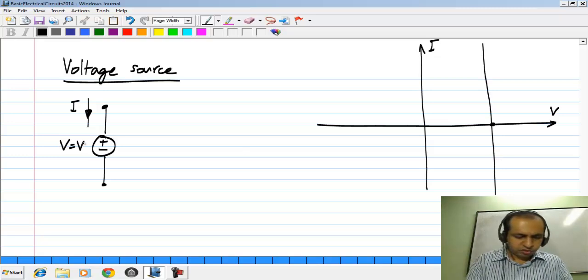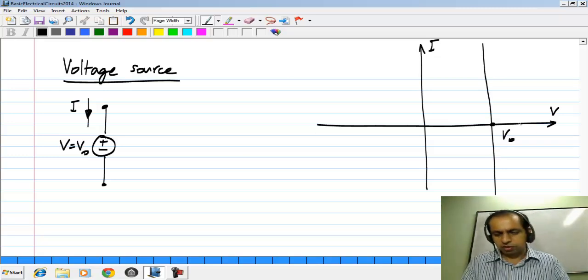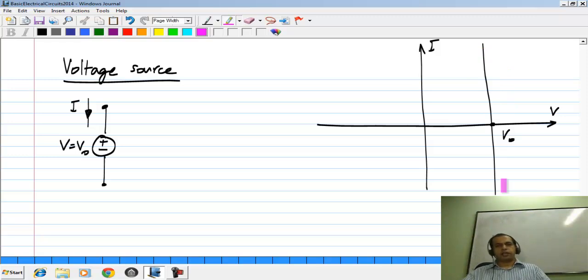So if this is V naught, this will be V naught. Now sometimes this confusion arises that because the characteristics consists of a straight line, this is a linear element, but it's not. That we can check by trying to apply superposition.